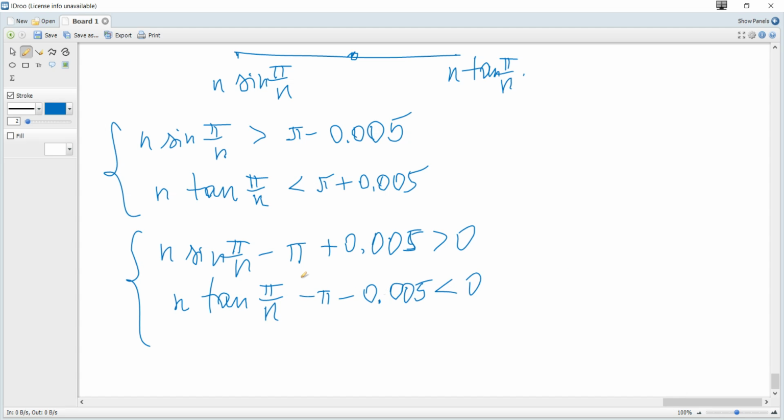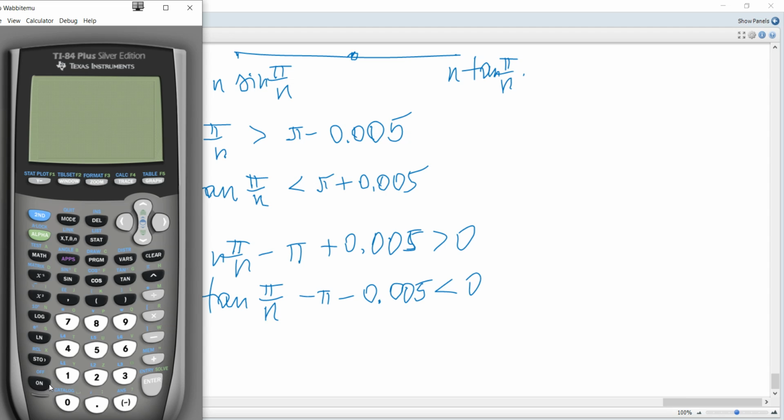It will be more useful to use the calculator, and we consider this function, n sine of pi over n minus pi plus 0.005, and it will be useful to consider just the table.